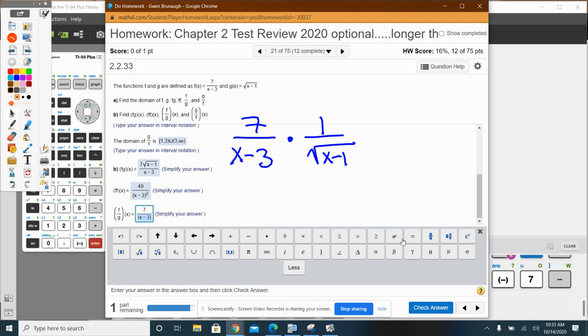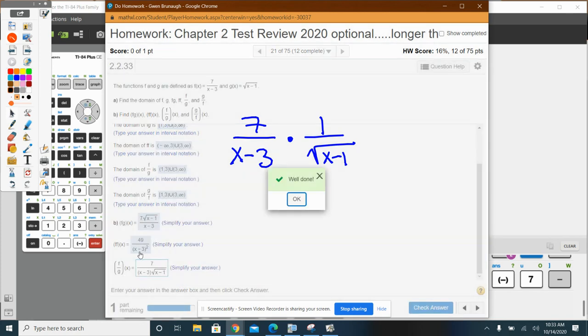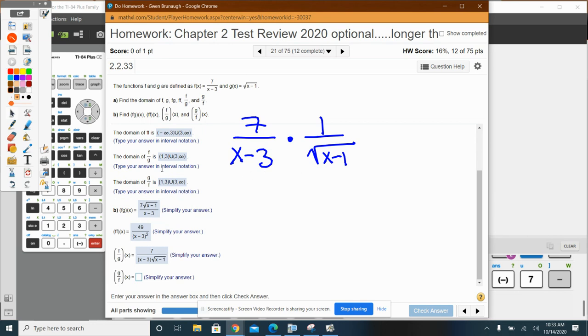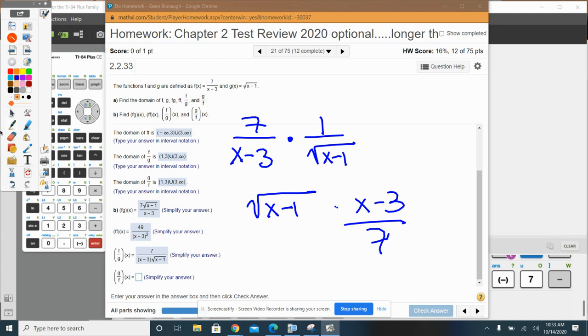Let's see, x minus 3, and then I'm going to do the square root x minus 1. Let's see if it takes that. That looks okay, I think. Okay, yep, that works. And then for g over f, you're just going to flip it over because you're going to take the x minus 1 this time, and you're going to take it times the inverse, which is x minus 3 over 7, which just flips everything upside down.